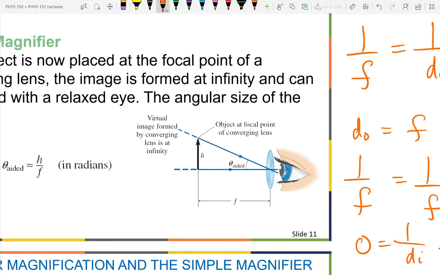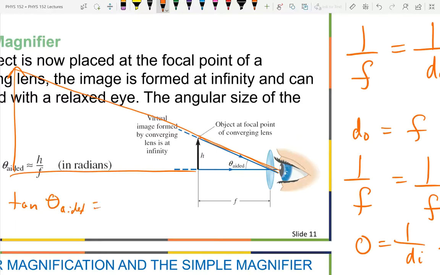If I draw rays, the ray that goes from the tip of the object to my eye is going to extrapolate back to my image. And so my image is going to have exactly the same angle as if I just take the angle going from the tip of my object to my eyeball here. And so just like we did before, tangent of theta aided is equal to the opposite side.